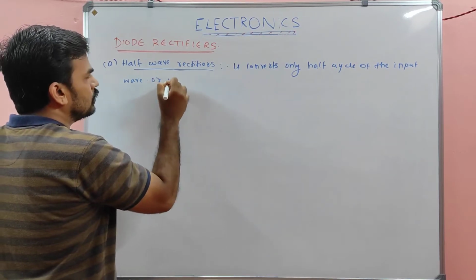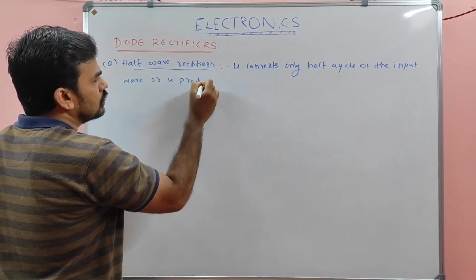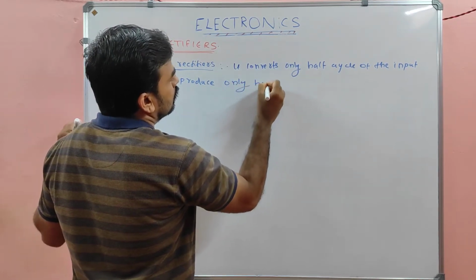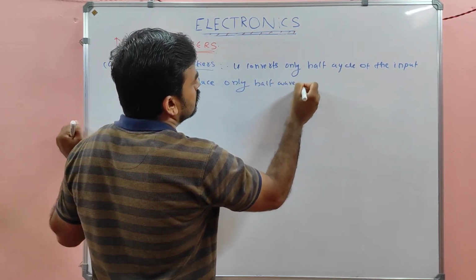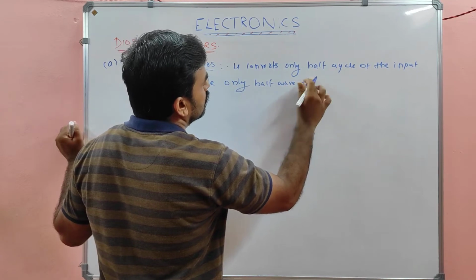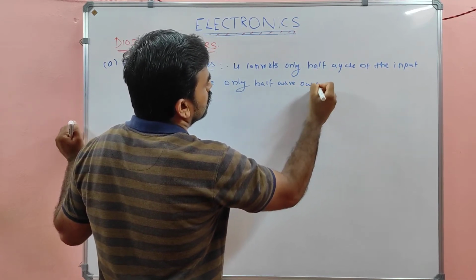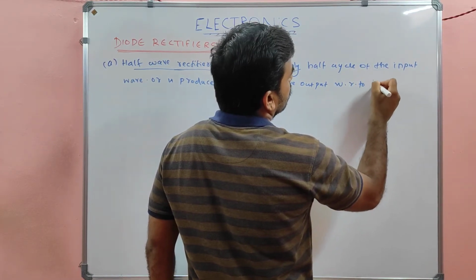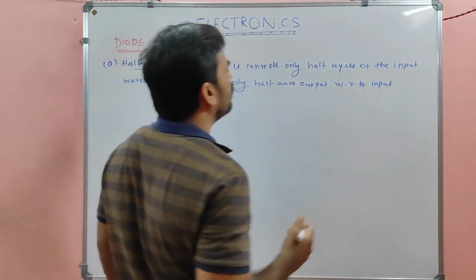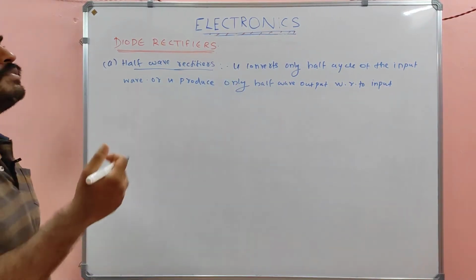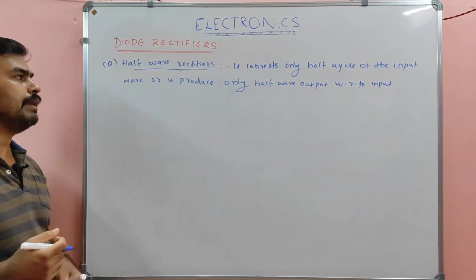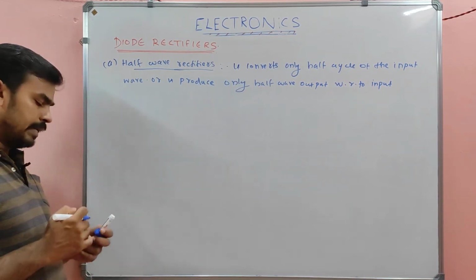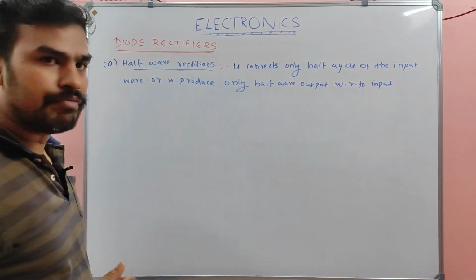Anyway, you can remember it converts only half cycle of the input wave, or it produces only half wave output with respect to the input. That is called the half wave rectifier.